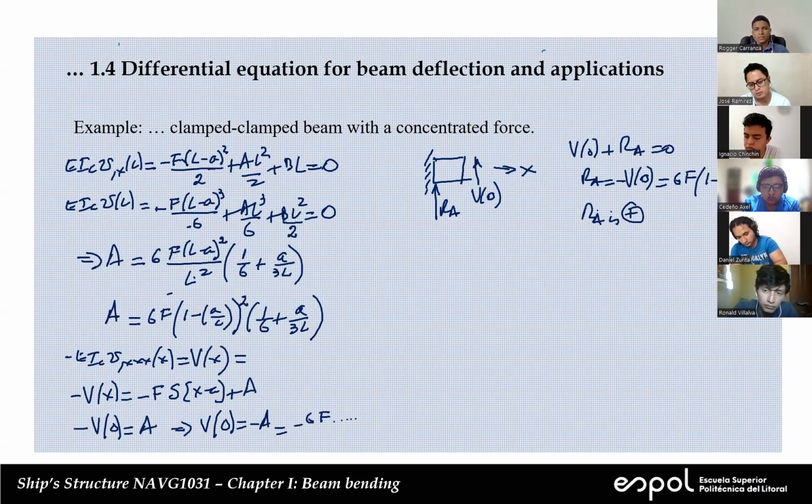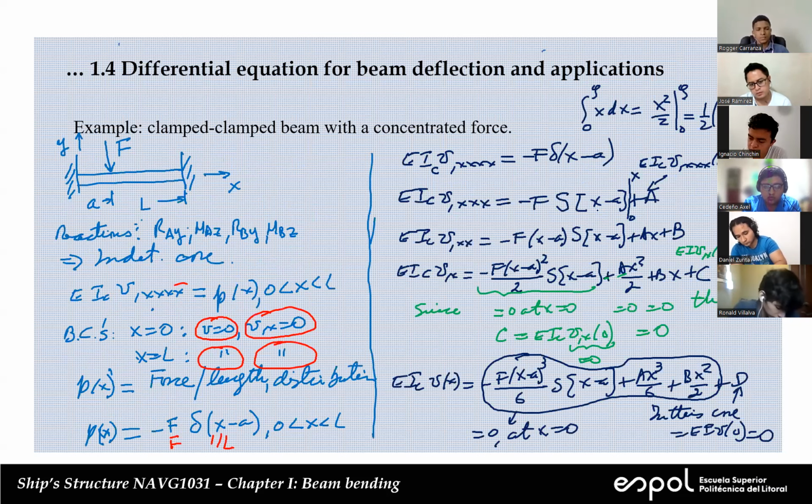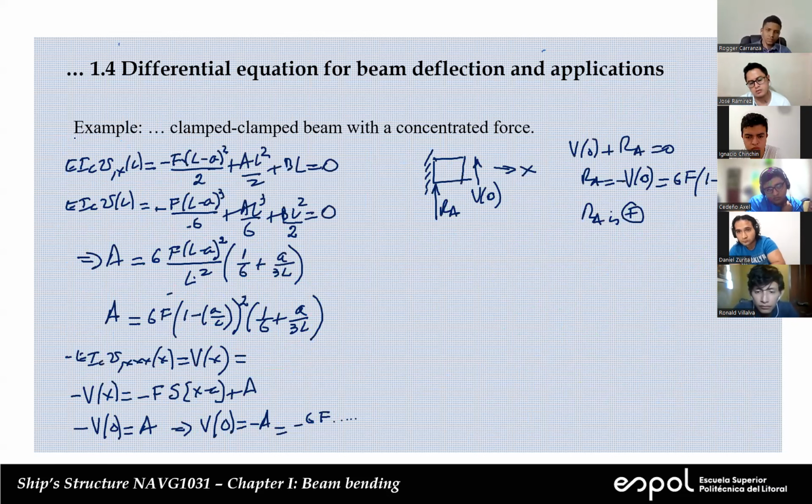Make sense? Remember, what is RA? RA is an external force acting on the system. So the sign convention for the external forces is this one: y is positive upward. So if this is positive, that's what we were expecting, because it's pointing in the correct direction.